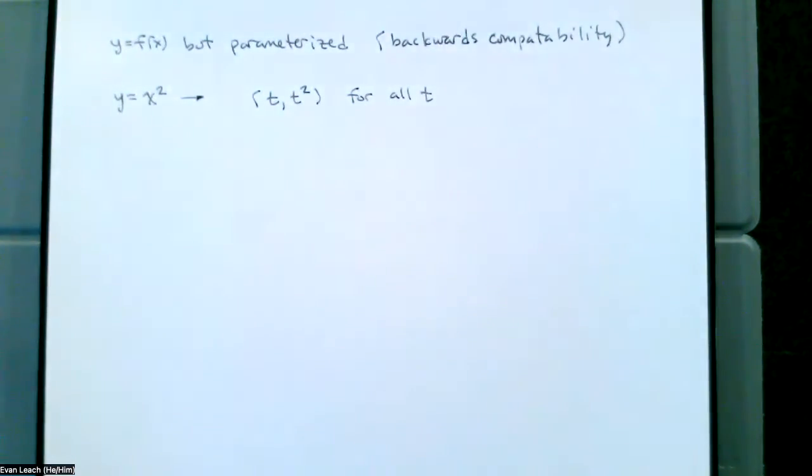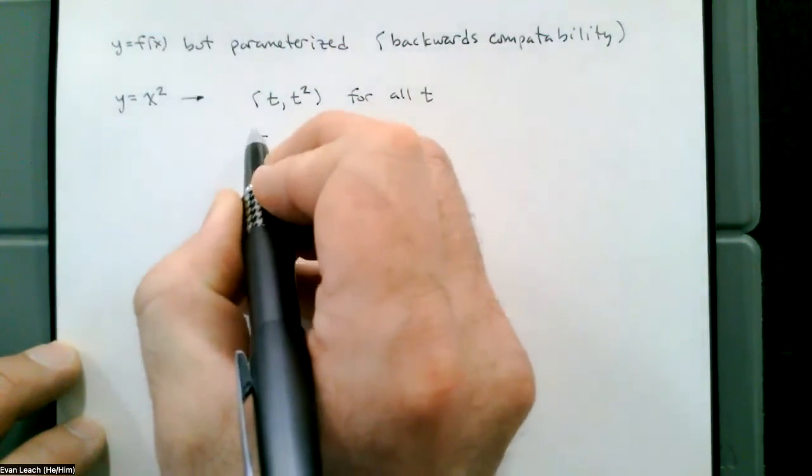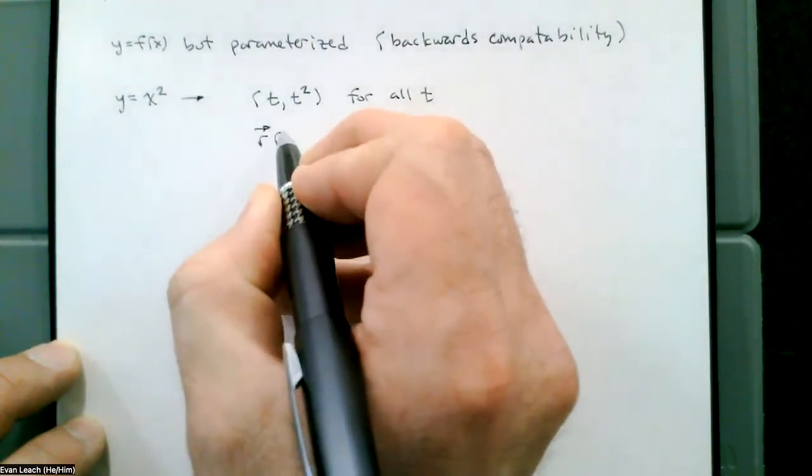We do have to tell our reader what values we're going to be plugging in, but if we make the x coordinate t and the y coordinate t squared, then we're just plugging in the x, even though we're technically not plugging in the x.